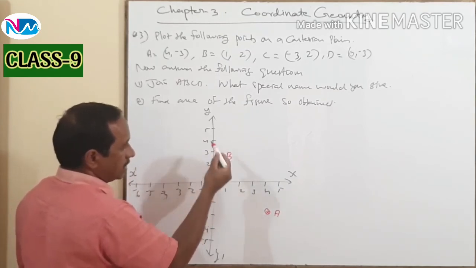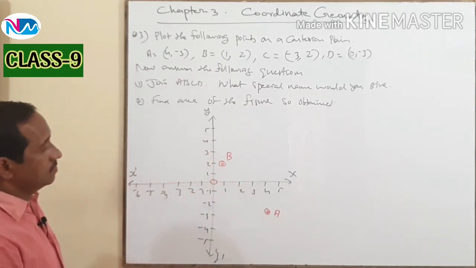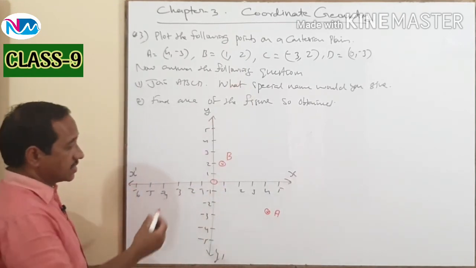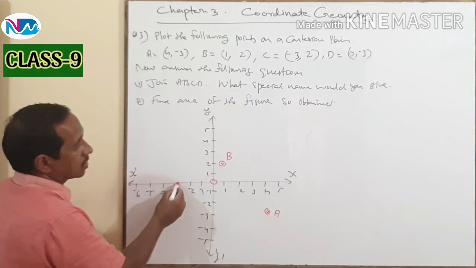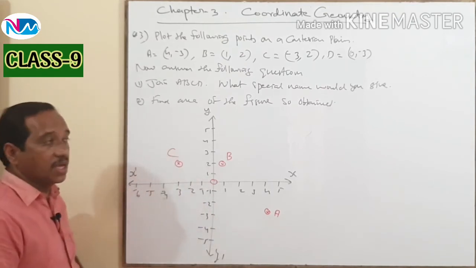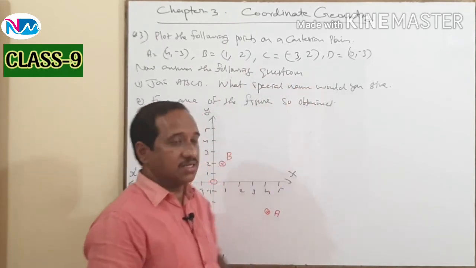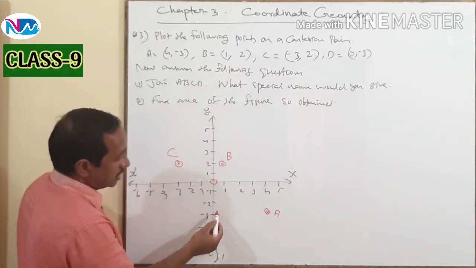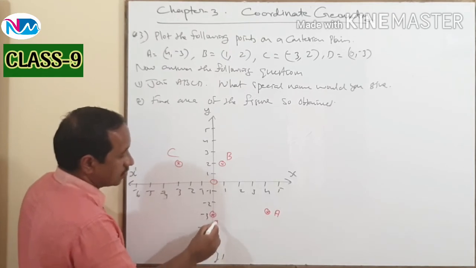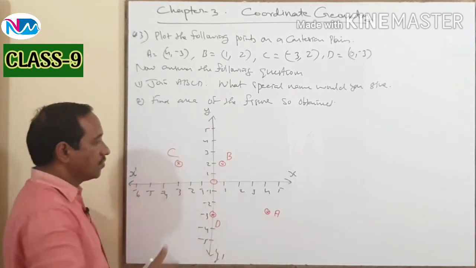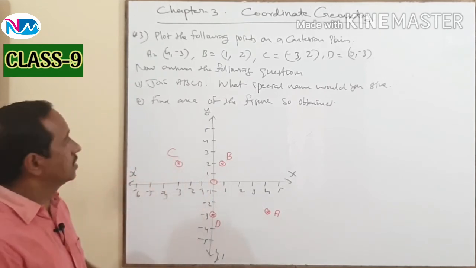This is point B. The third point C has x-coordinate -3, y-coordinate 2. So it will be here. This is point C. And finally the point D has x-coordinate 0 and y-coordinate -3. So it is on the y-axis. So we have plotted all the 4 points A, B, C and D.